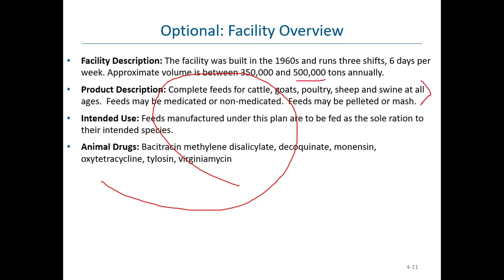This helps identify the intended species, which can be really helpful for that known or reasonably foreseeable hazard list. Intended uses and any animal drugs. So I can see right here we have monensin. Ooh, red flag coming up, right? Okay, so that can help just kind of facilitate that communication once again.